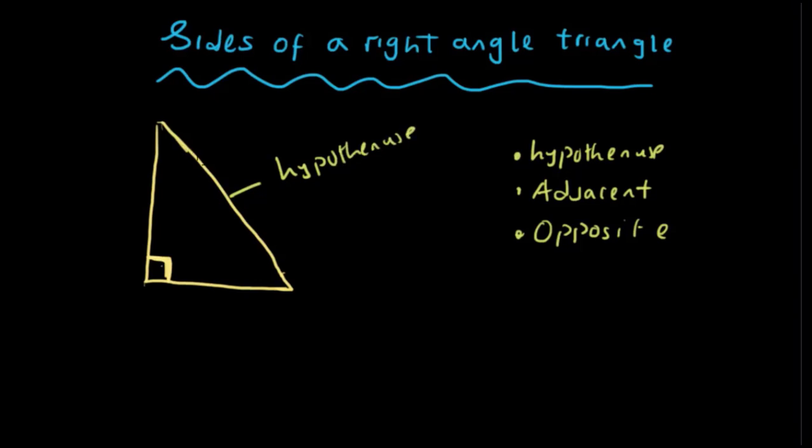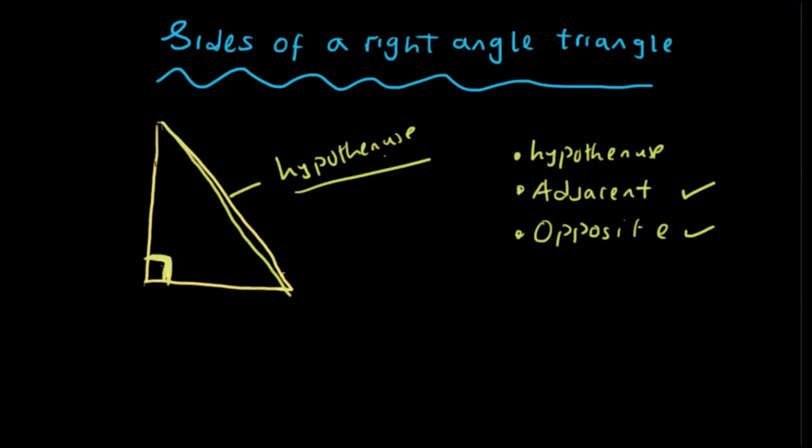So this side that faces the right angle is the hypotenuse. It's fixed and it's the longest side of the triangle. Does this make sense? Now, the other two sides, adjacent and opposite, change depending on the position of the angle.